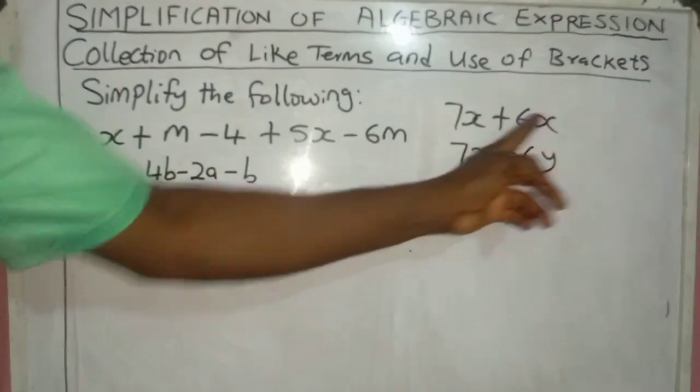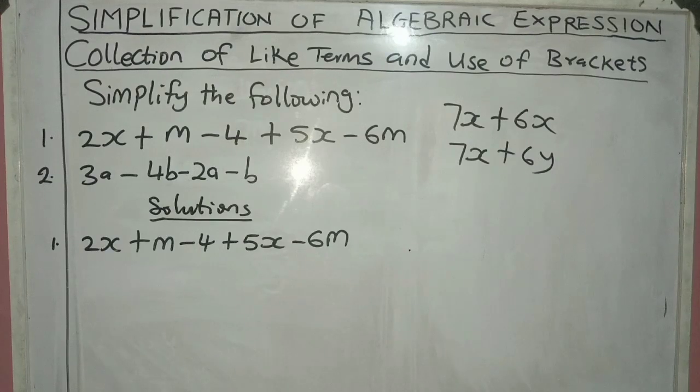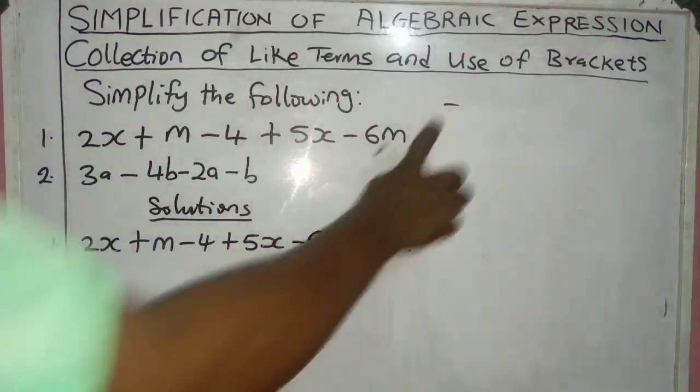This one has something that they share in common, so they bear the same alphabet. For that reason, we call them like terms. But when they share different alphabets, in that sense, we call them unlike terms.